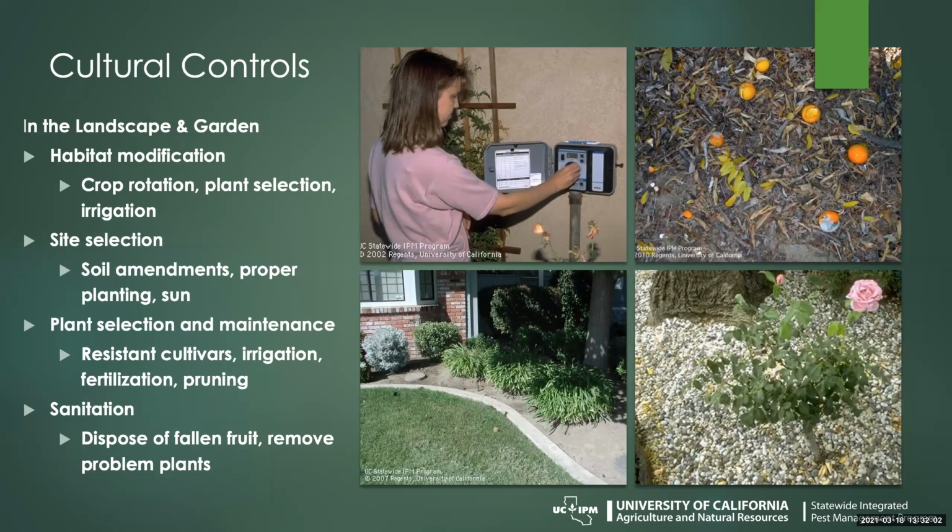So I mentioned the plant selection, so site selection, making sure that it's the right site for that plant, and perhaps amending the soil and other conditions that allow the plant to thrive. And there are cultivars of plants that are resistant to certain diseases or nematodes. And so you can plant resistant cultivars. You can plant plants that don't actually have a lot of pests that normally attack it.